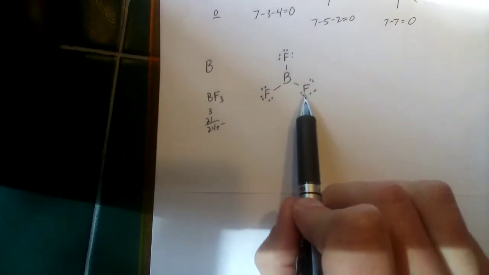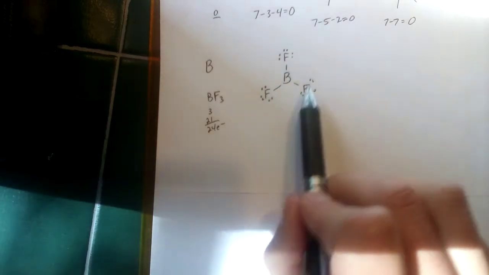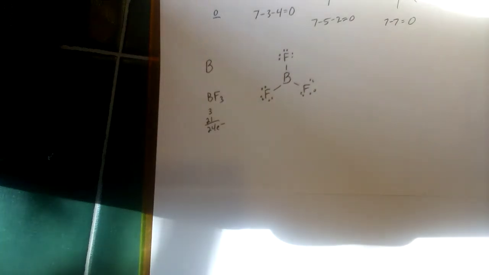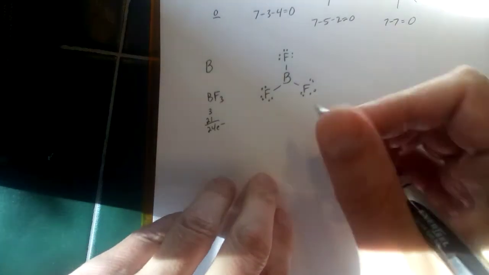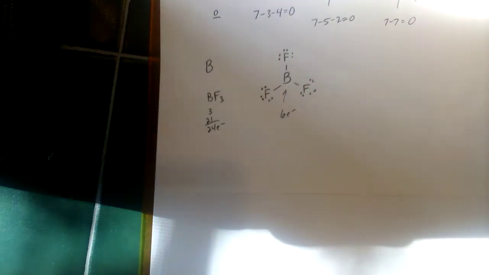And we don't want to make a double bond to fluorine. We've discussed that already. So there's no way in this particular structure to get the boron up to satisfying the octet rule. So it doesn't. This is the structure, and we just have 6 electrons on the boron.